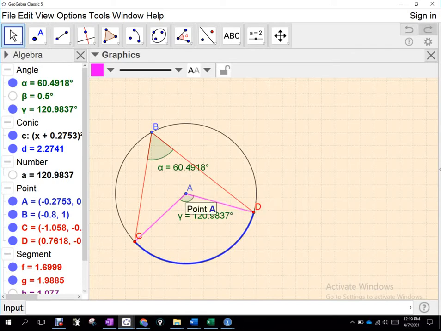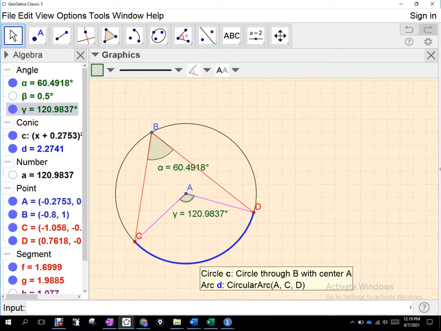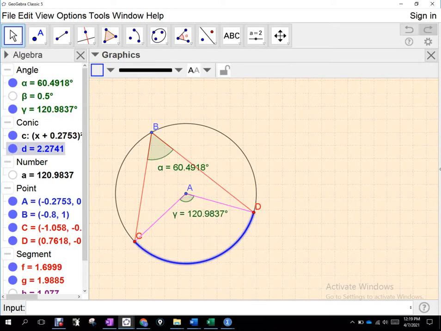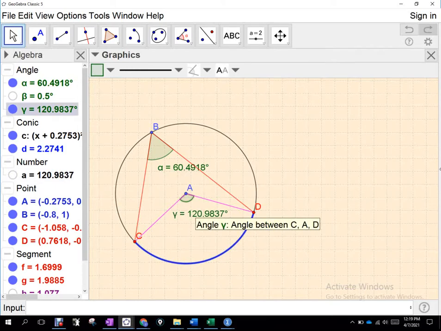If the angle starts at the center of the circle, it's called a central angle, right? You guys remember saying that the central angle, which we're seeing right here, is 120.9837, is the same as the arc that it intercepts or creates out here? And you're seeing that blue arc, remember that blue arc right there is that number. Is that number right there the same as that number right there?